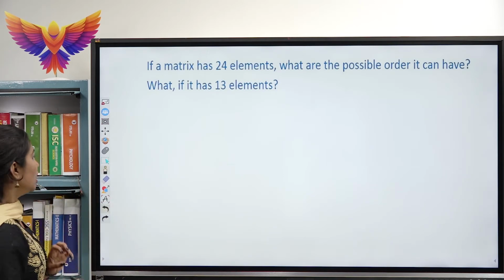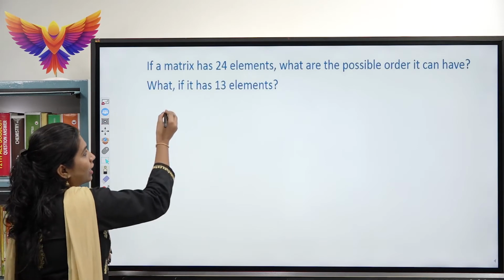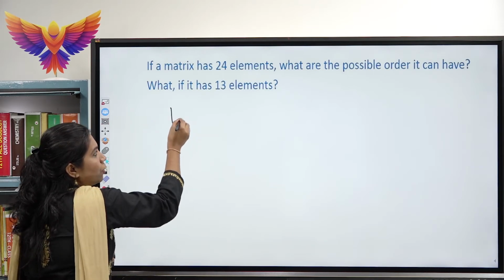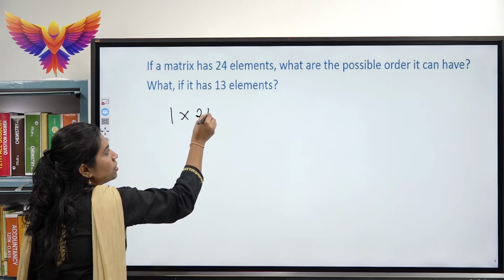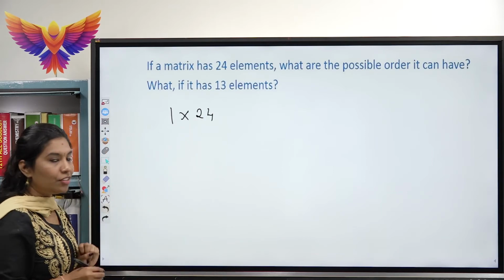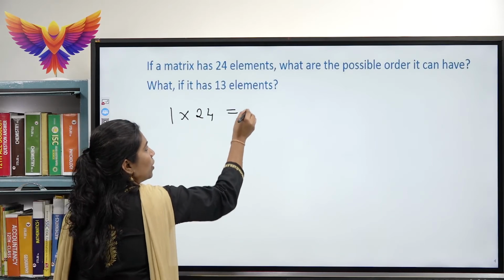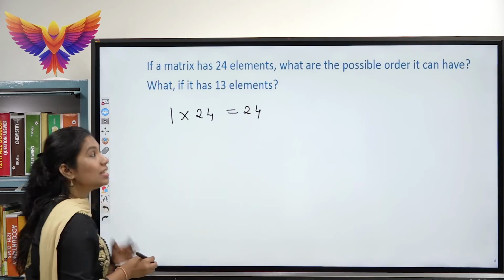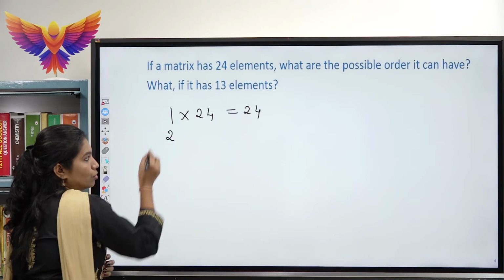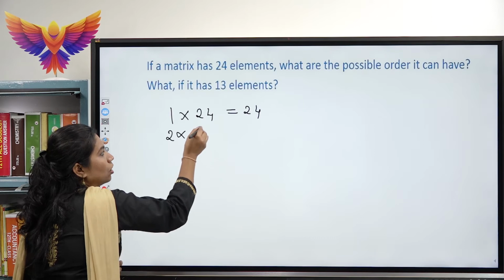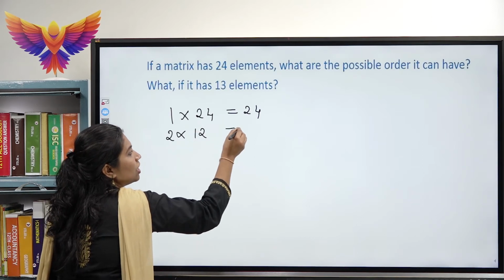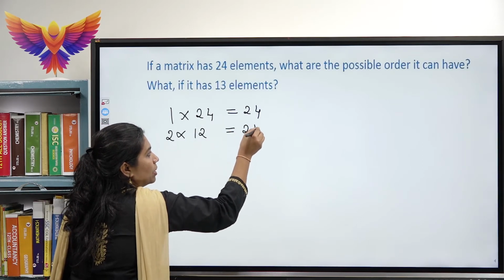So coming to this one, I can have a single row into 24 columns. This is one possibility which I can give. I'll be getting 24 elements. The same way, I can have 2 rows into 12 columns. This again gives me 24 elements.